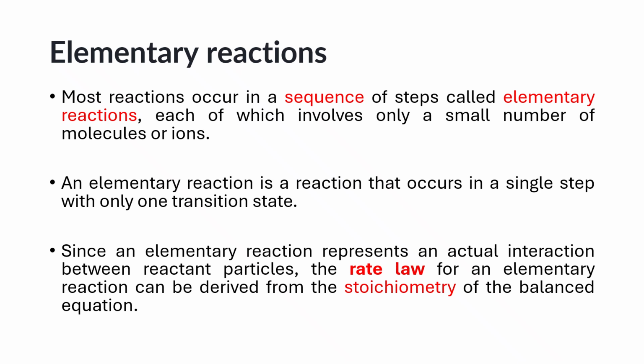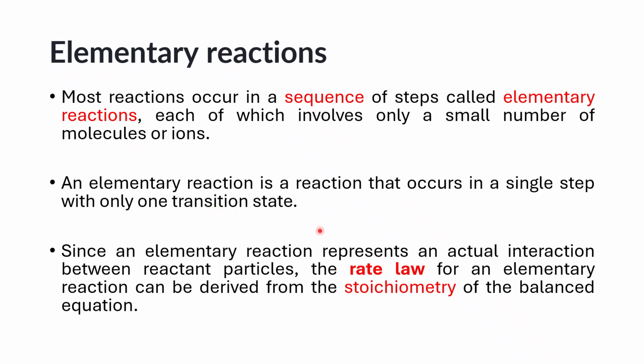Real-world reactions are often not elementary overall. Most reactions occur in a sequence of steps called elementary reactions, each of which involves only a small number of molecules or ions. An elementary reaction happens in a single step and has one transition state.